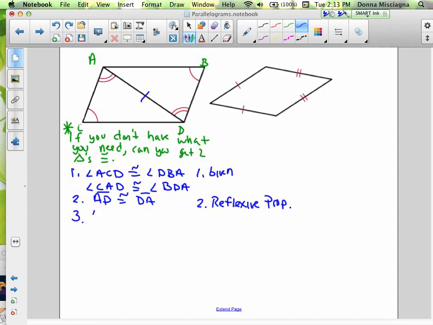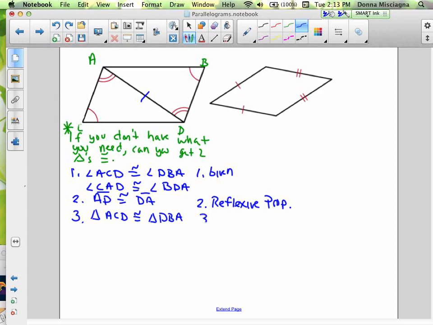So we now know that triangle ACD is congruent to triangle DBA. And the easiest thing for me to do is just use the angle, because the angle has the points in the right order. So I'll just use that order to name the triangles.